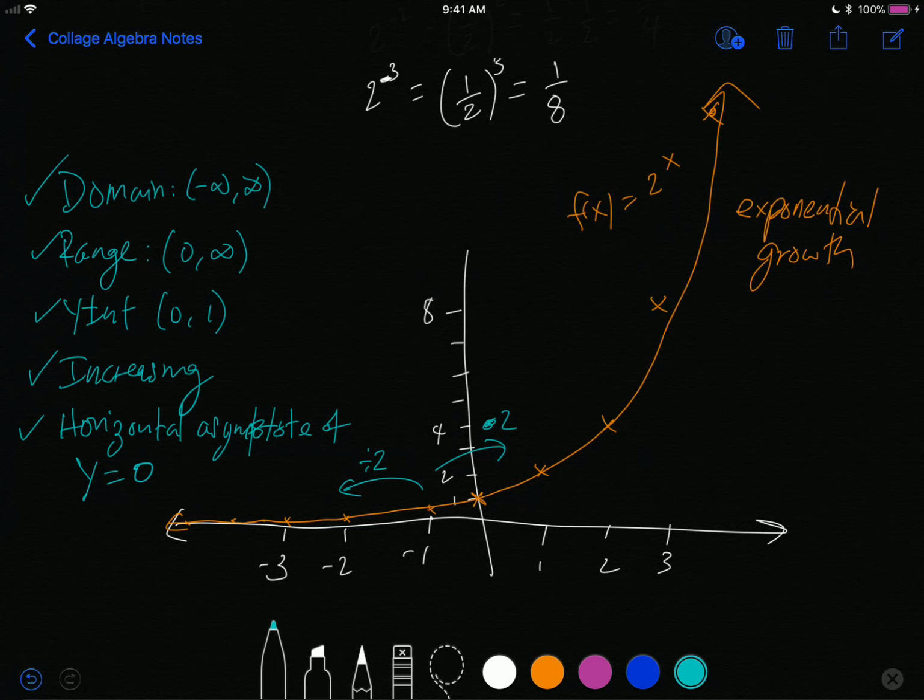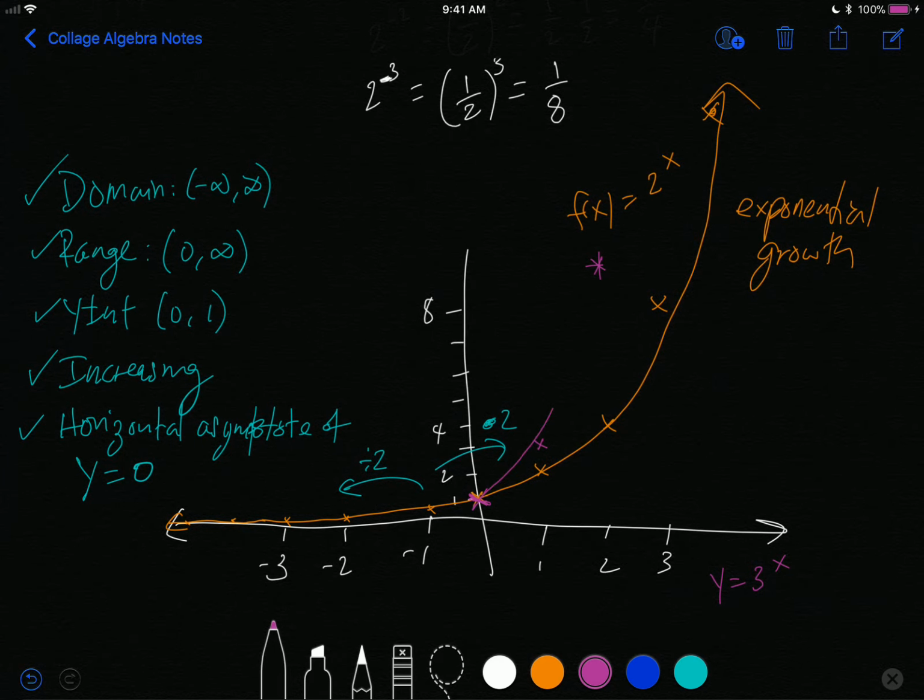Interestingly enough, if I make a small change to the exponential function, what changes will I see? Let's say that instead of graphing this function, I graph the function y equals 3 to the x. What I will notice is that 3 to the x still goes through 0, 1 right here. When I plug in 1, the answer is going to be 3, and then plug in 2, the answer is going to be 9.